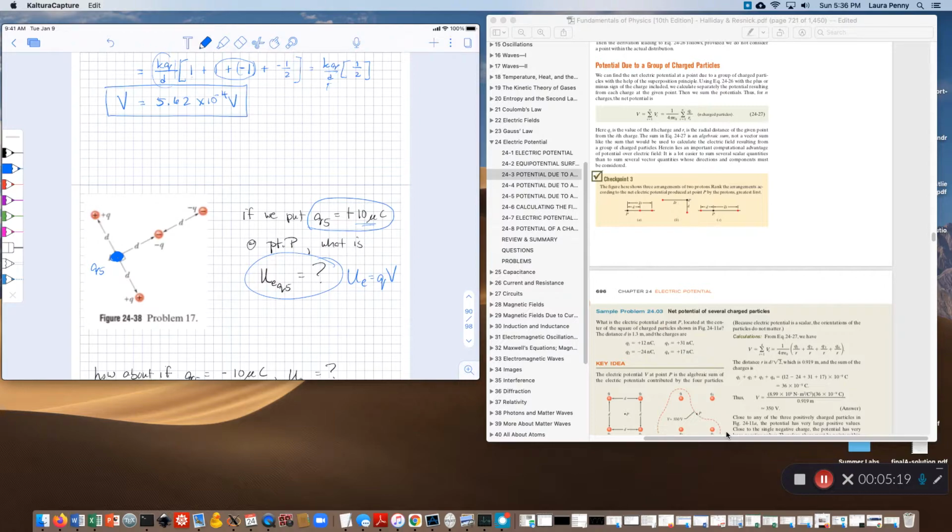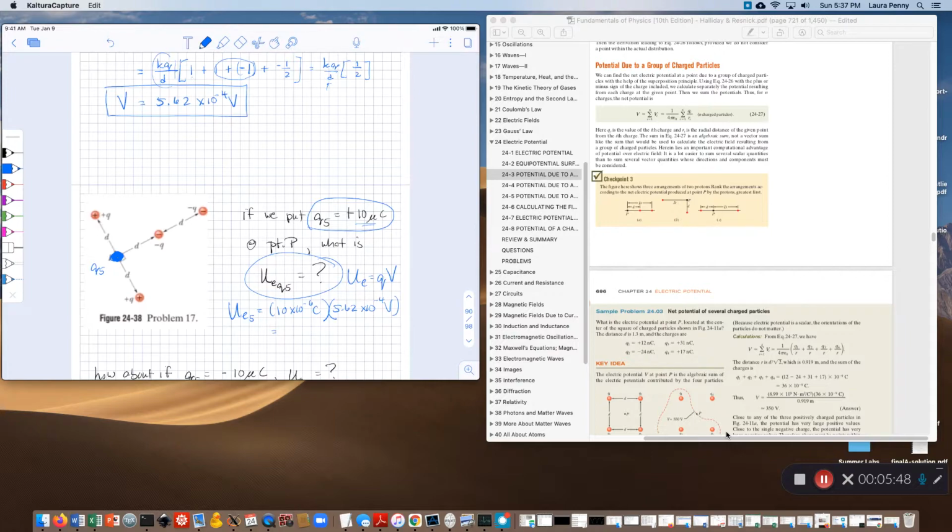Once I know the electric field, I can multiply by the charge and get the force. Here, if I know the electric potential, I can multiply by the charge times the potential, and that will tell me the electric potential energy.